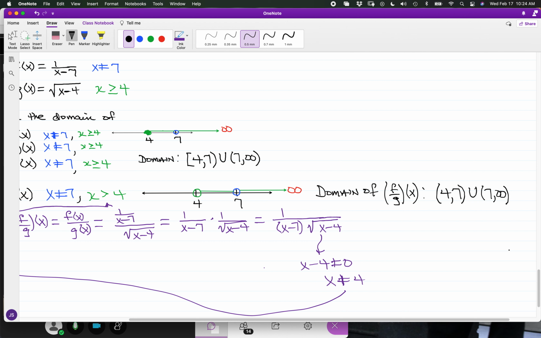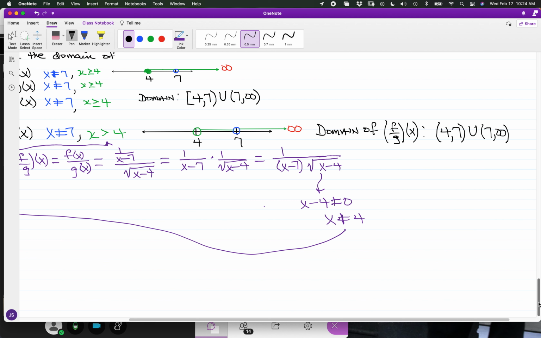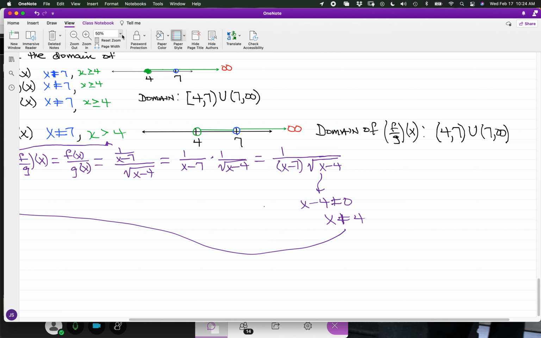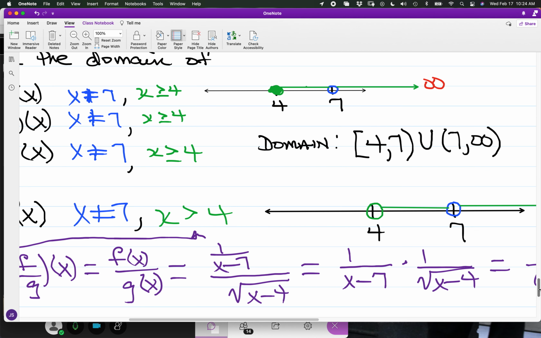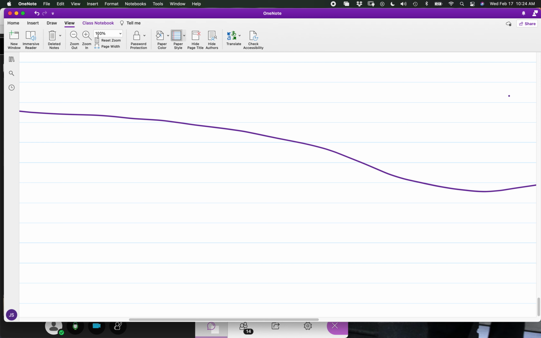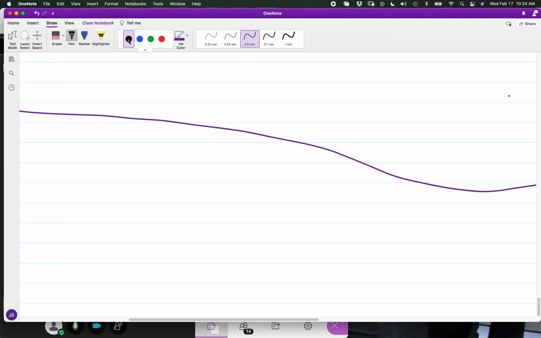Now there is another layer of working with functions, and this will be in the case of working with compositions of functions. And for the composition of functions, upon first glance, it's going to look like the operation of multiplication.